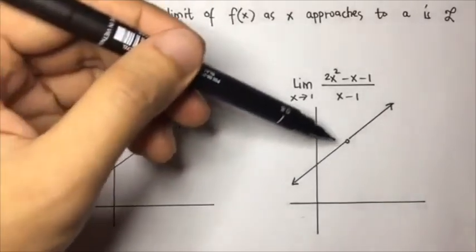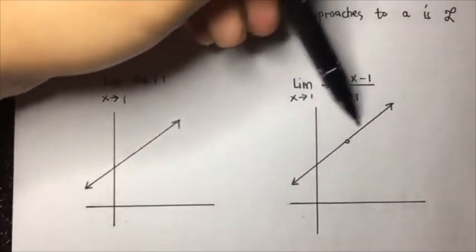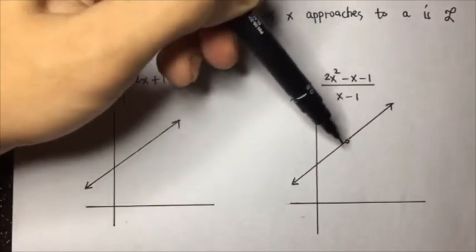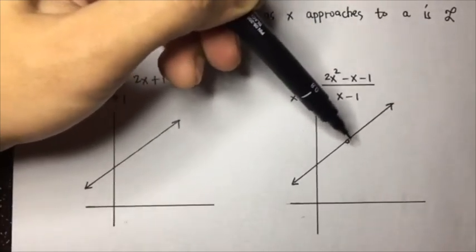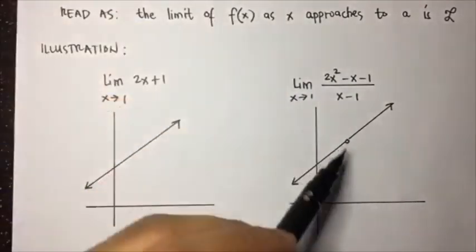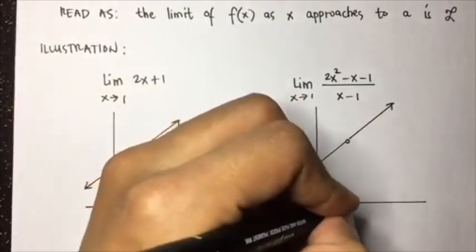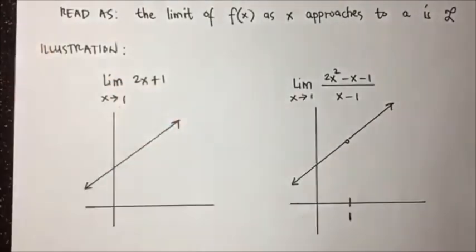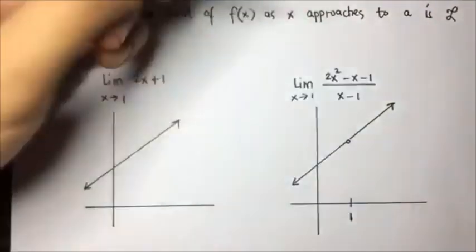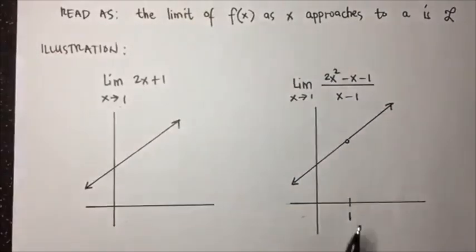That's why in the graph we have an open dot, which means that at x equal to 1 the function does not exist.